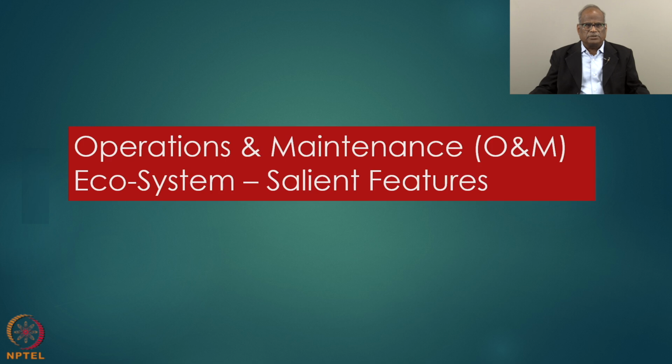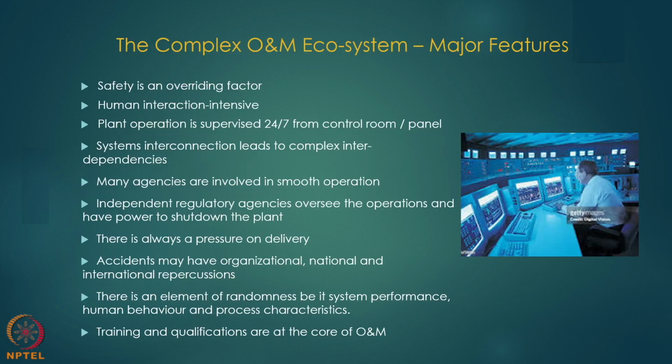Okay. So, let us see what the operations ecosystem is. Operation ecosystem, if you ask me, before I got introduced to operation, what I could see was a control room. The control room is where all the sensor signals are coming from the plant, and these plant areas are distributed around the main plant, and the control room does the surveillance and management, and based on what is evolving in the plant, the operator takes an action.